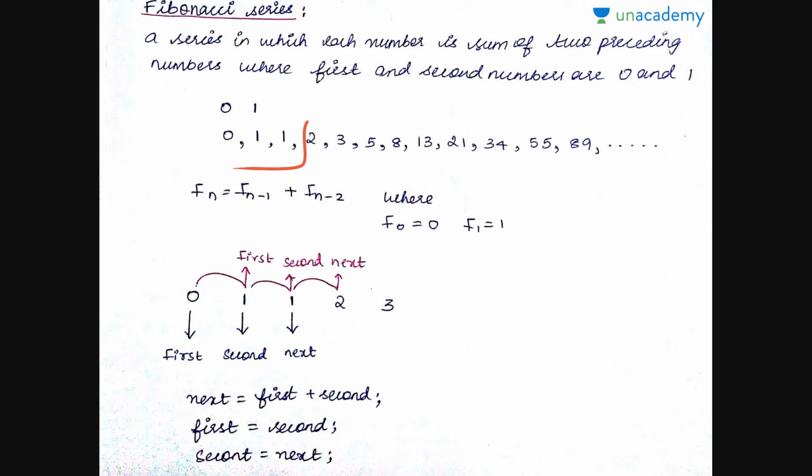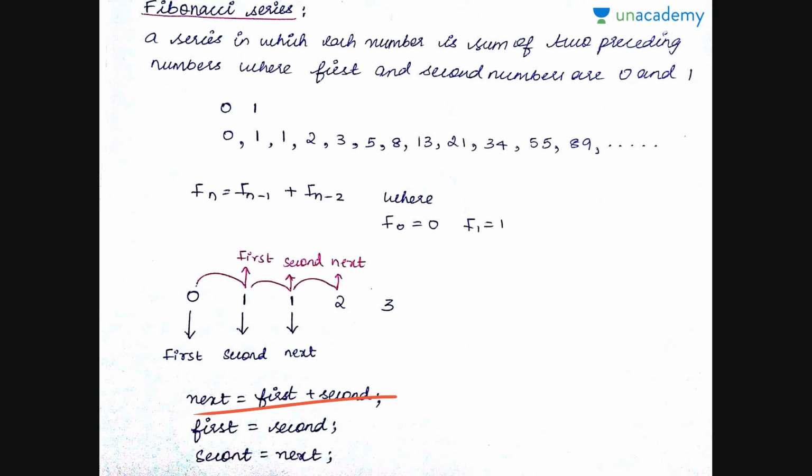Let us take the first two numbers which we have: 0 is the first number and 1 is the second. And how do you calculate the next? Next is the sum of first plus second. So initially first is 0 and second is 1, and next is calculated by adding these two, next equals first plus second.